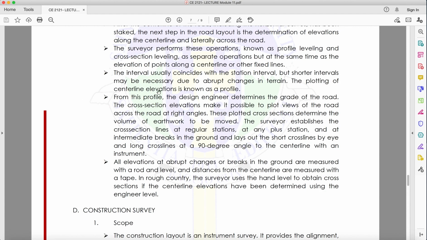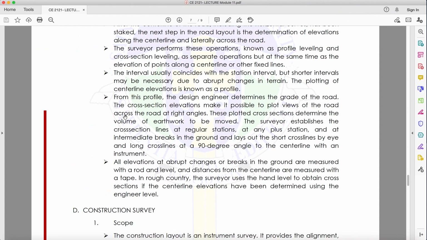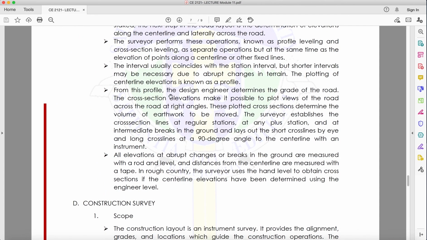So the plotting of the center line elevations is known as the profile. So pag pinaplot na natin yung elevation netong center line, then that is what we call profiling.